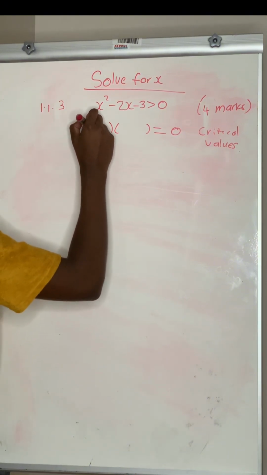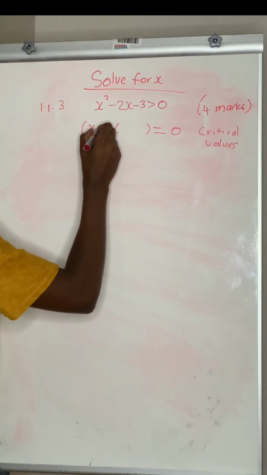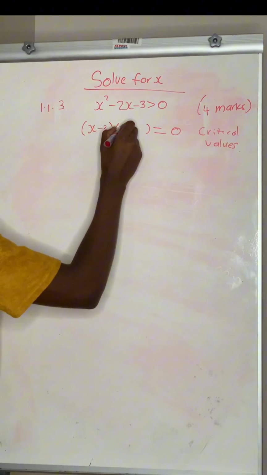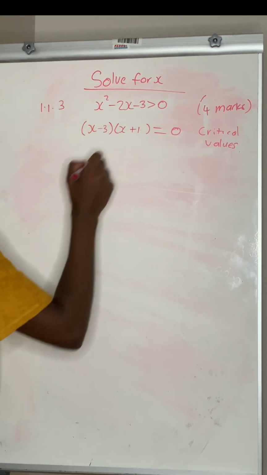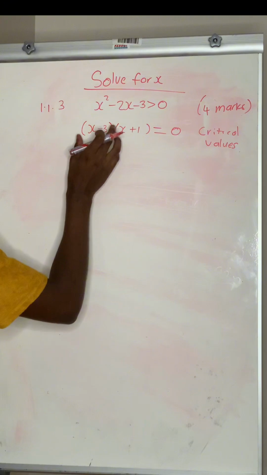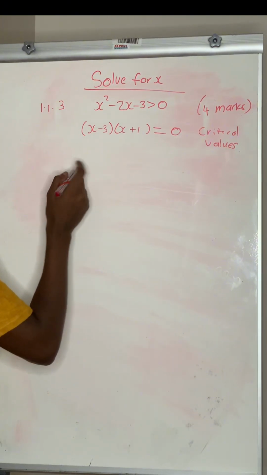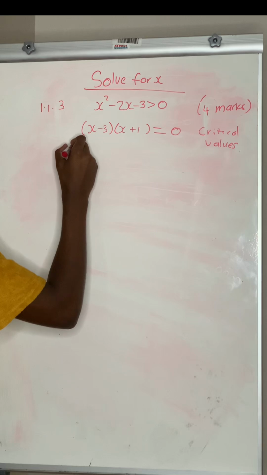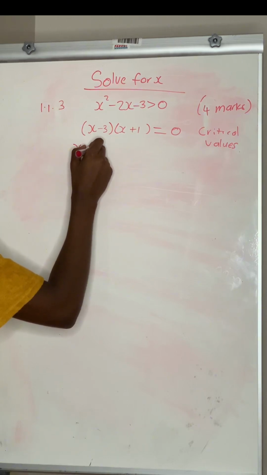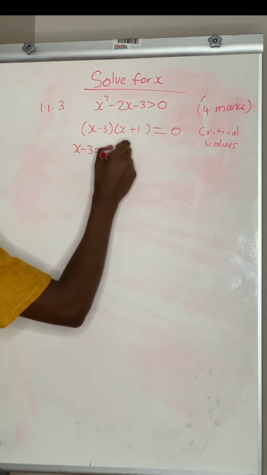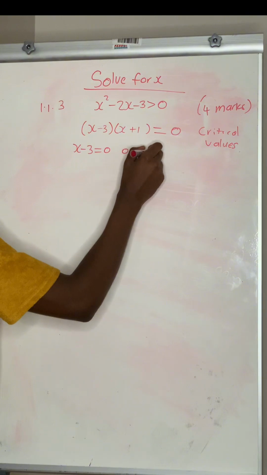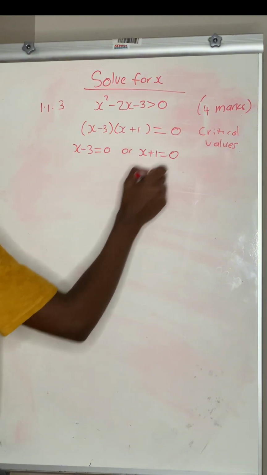So this is going to be x minus 3 times x plus 1. This is the factor form of this. And then we can equate this to 0. So it's going to be x minus 3 is equal to 0, or x plus 1 is equal to 0.